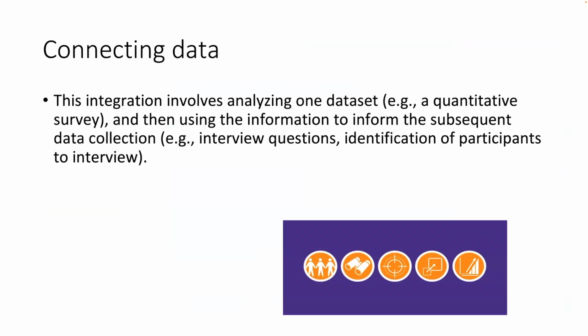So connecting the data is really involving a quantitative survey informing other data, like the interview questions, the identification of participants. One of the things that I used that's similar to this, I used quantitative data from a phone survey to identify types, categories of people that I would want to have participate in a focus group.